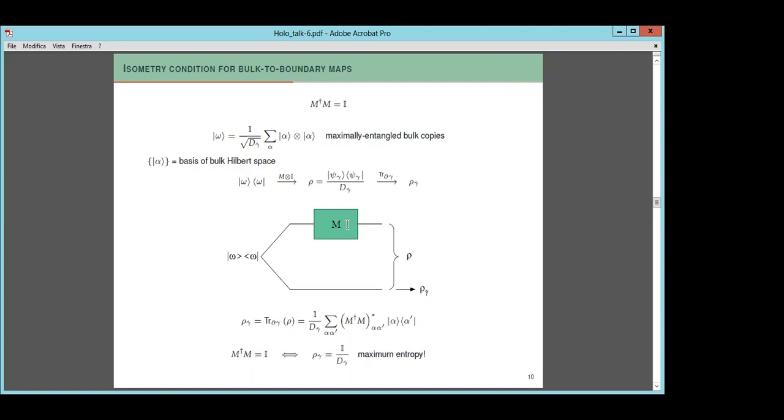So the idea could be to perform the same kind of computation and look at just the static properties of a state, but which is dual to a map that can represent a dynamics, not just, as in this case, a flow of information at a kinematical level from the bulk to the boundary.